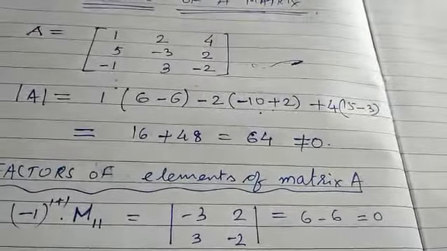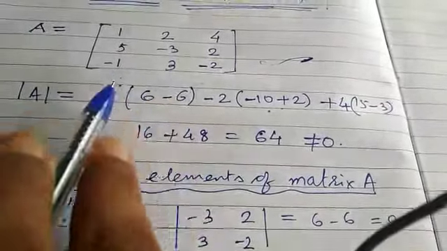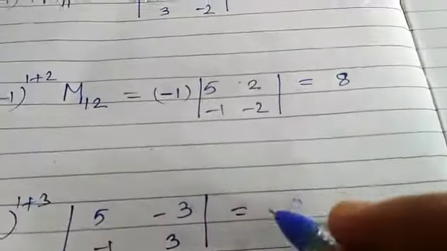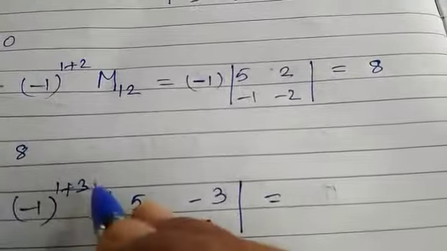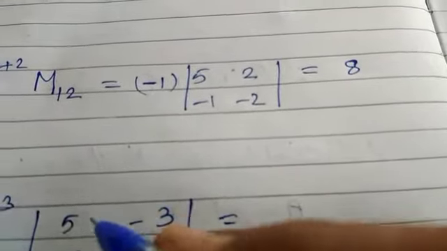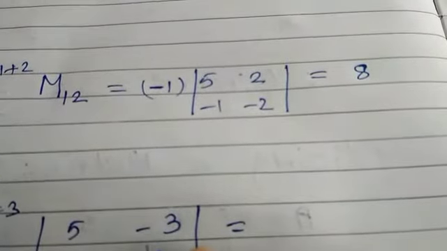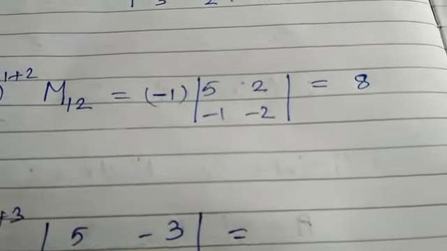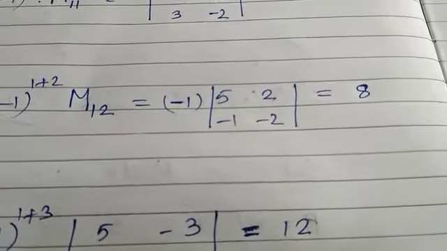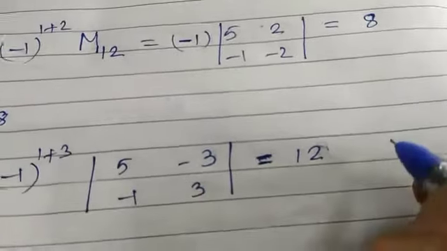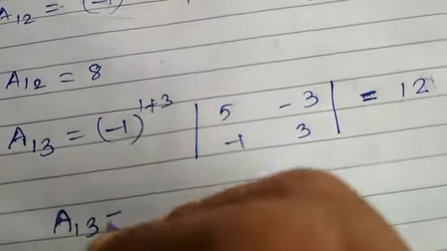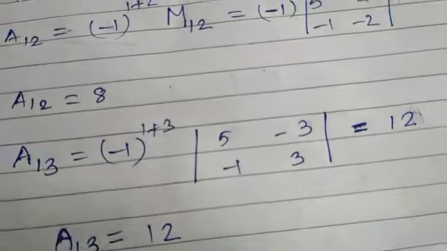We simply have to calculate this. It will be nothing but minus 1 to the power 4, it will be plus 1. Then 15 minus of 3, that means 15 minus 3, that is 12. So the first row third column element is 12.